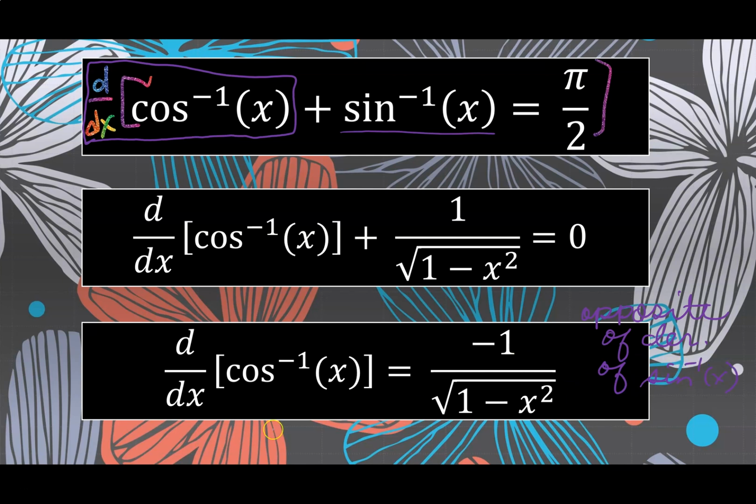Okay, so that is pretty cool, so you only have to memorize really the derivative of inverse sine, which is 1 over the square root of 1 minus x squared, and then the derivative of inverse cosine is just the opposite of it. Okay, similar things can be said about inverse tangent and inverse cotangent.